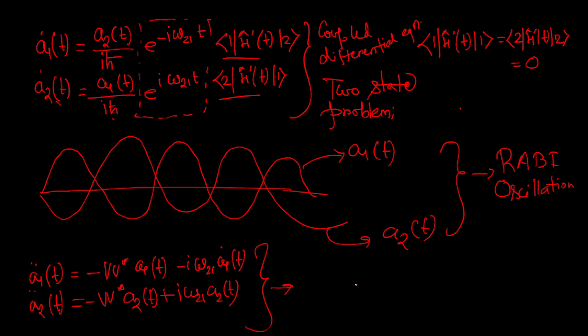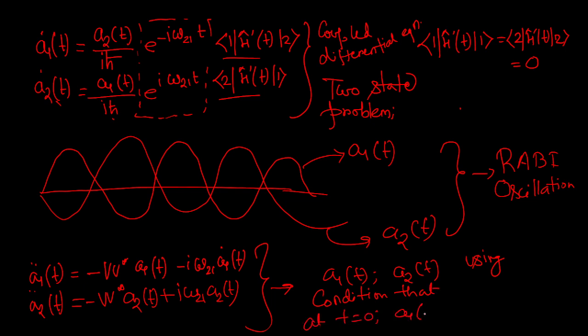So, if we solve it, A1 and A2, using the condition that at time t equal to 0, a1t is 1 and the population and coefficient a2 is 0.